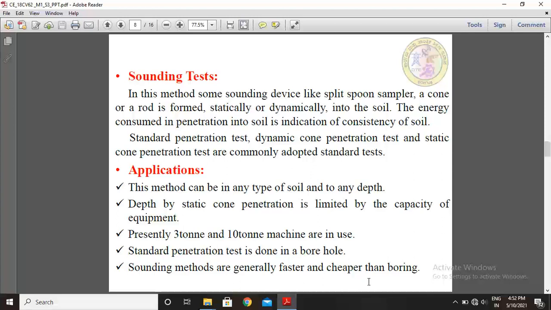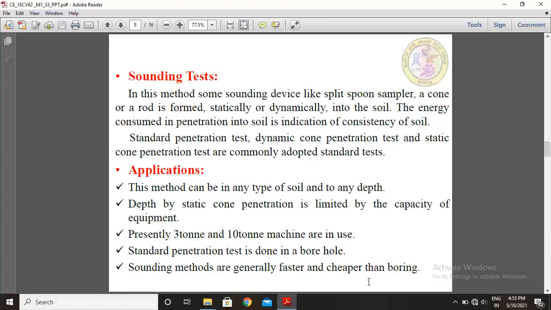So these are the applications for sounding tests. This method can be used in any type of soil and to any depth required. Depth by static cone penetration is limited by the capacity of equipment.